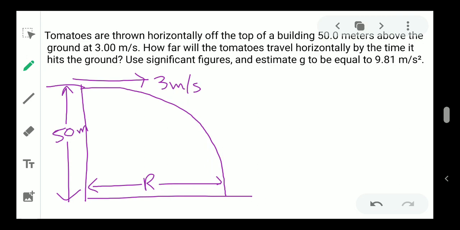Whenever it is hitting the ground, you need the time for the total flight. So time for total flight we can easily find out, right? Again, for the vertical motion we can do it very clearly.